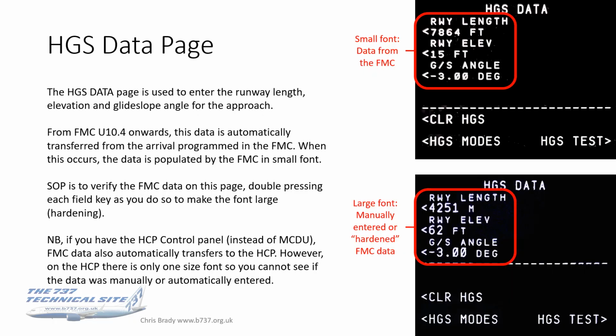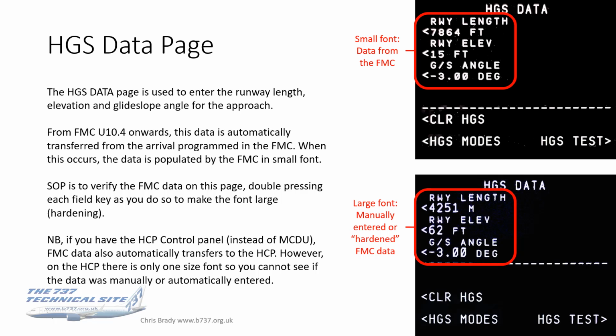So the one it'll take you to first would be the data page, and on this you would enter the runway length, elevation and glide slope angle for the approach. So it's the same data that you would have put in on the old control panel that I showed you a couple of slides ago, but it's now done through the CDU, or the McDo.